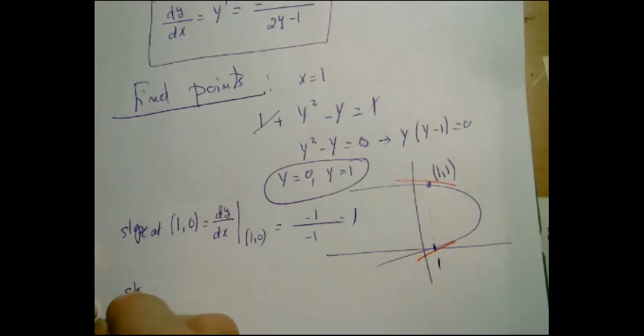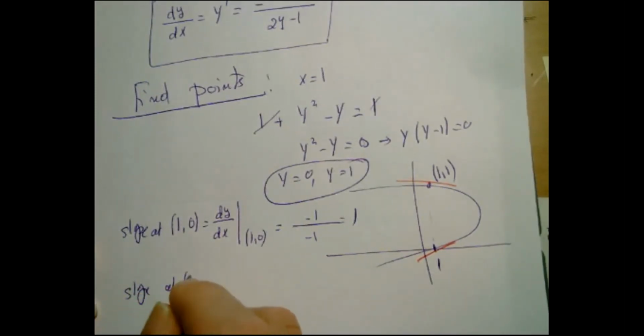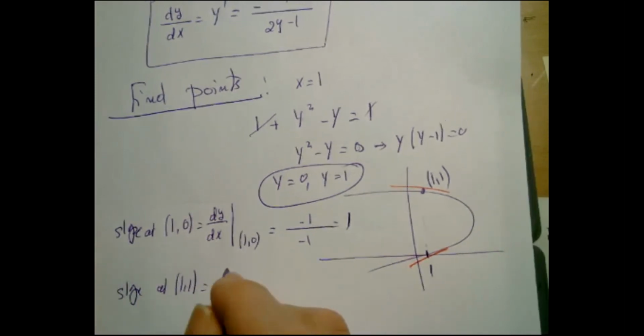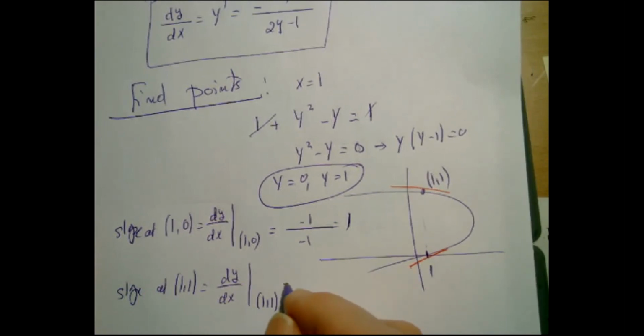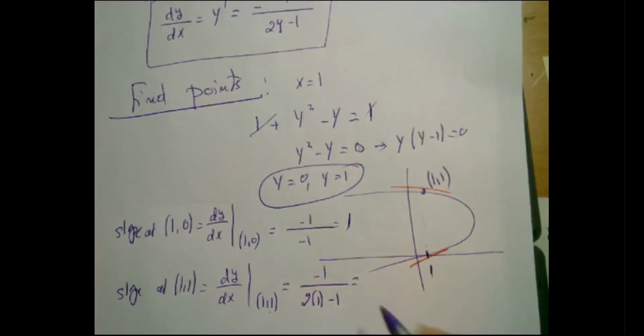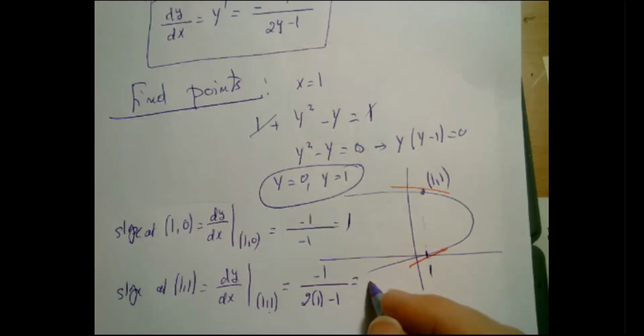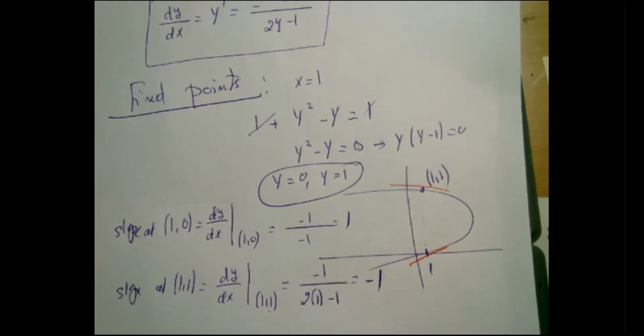Now the slope at 1, 1 is equal to minus 1 over 2 times 1 minus 1, which is minus 1 over 1, which is minus 1, negative and positive. Okay. All right, sorry for taking extra time.